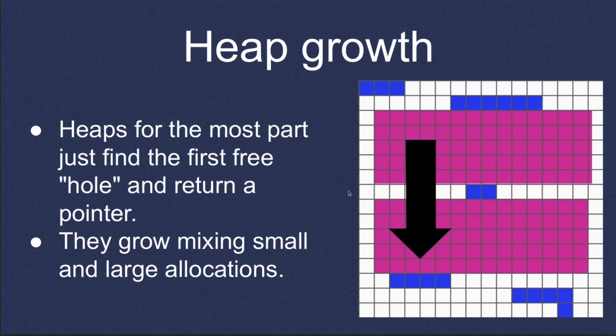If there's any hole in the middle of the allocations you have made so far, it's going to try to use that instead of putting things at the end of the heap, because then you would grow infinitely with every new allocation. So the more you allocate, the more holes happen in general, and the more the holes are reused when you do new allocations. And that's how it works.